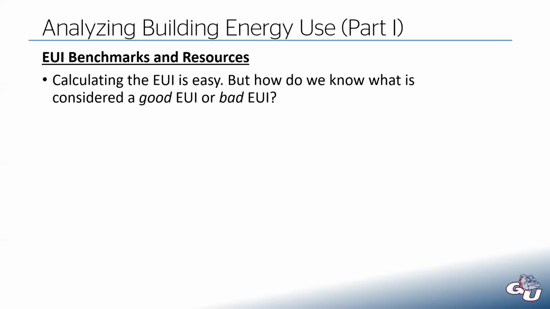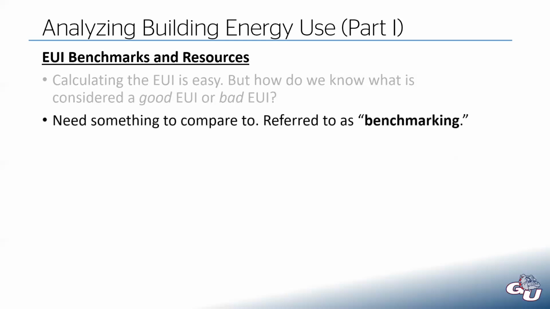Maybe they're already good and efficient. So to make that determination, we need something to compare the calculated EUI to, which is referred to as benchmarking. So what are you going to compare your building to in order to determine if it's doing a good job or a bad job?